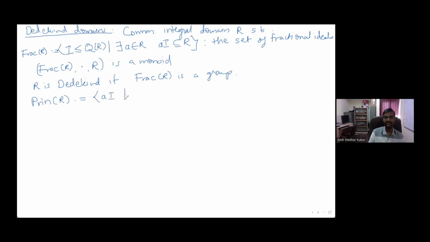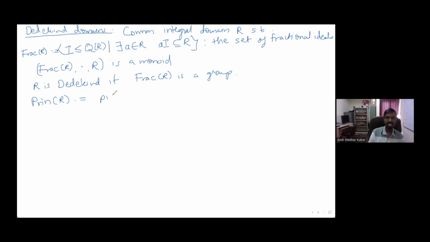There are some technical details about when this is allowed: a commutative integral domain, which is not a field, has fractional ideals.